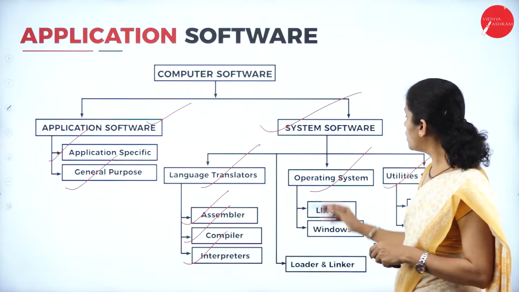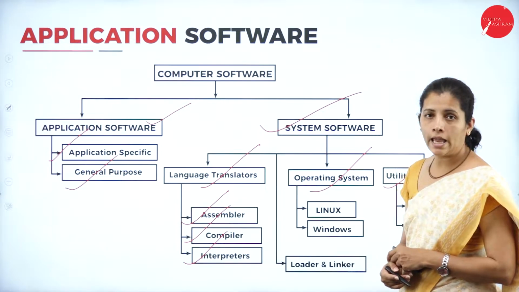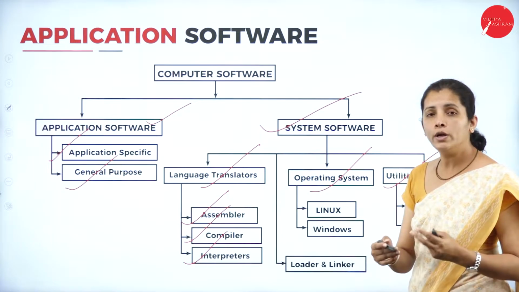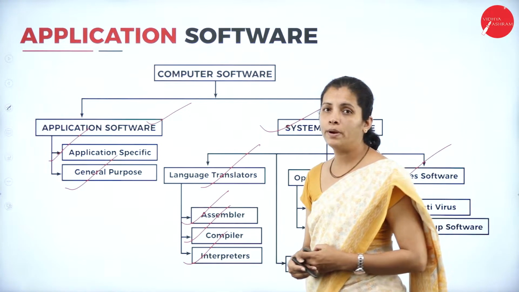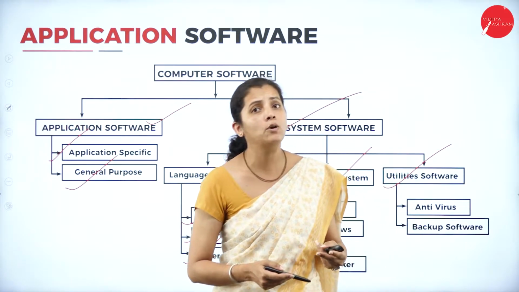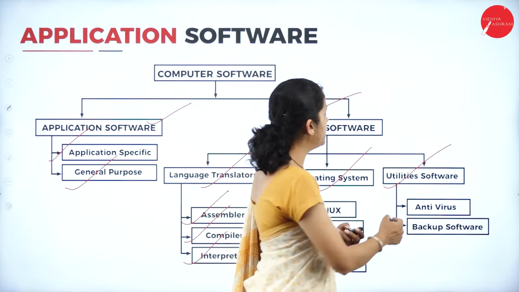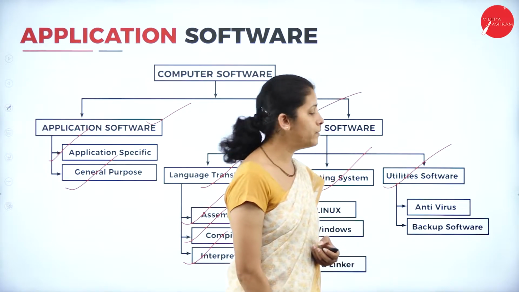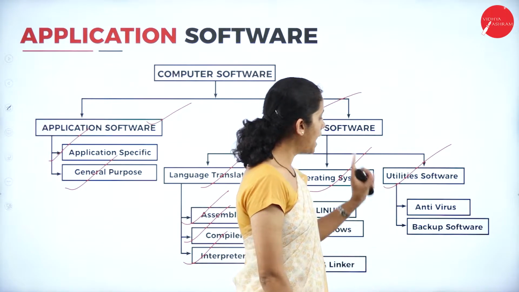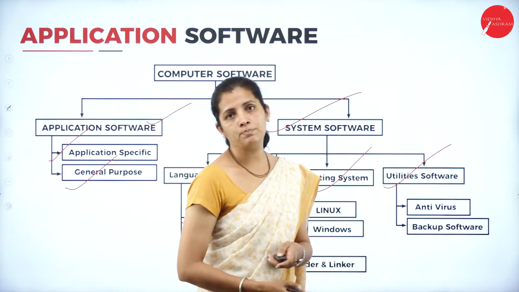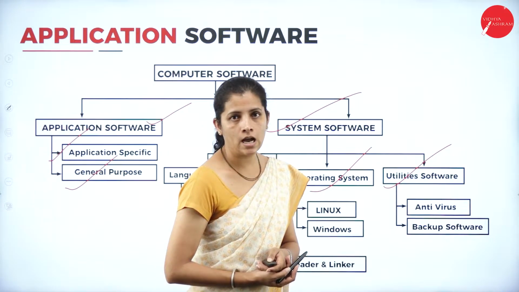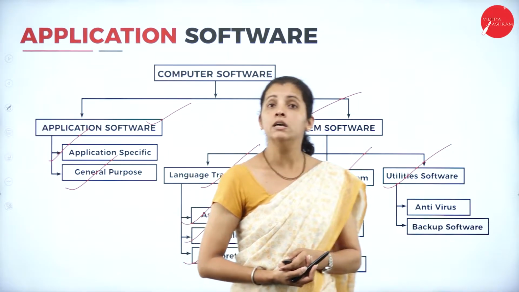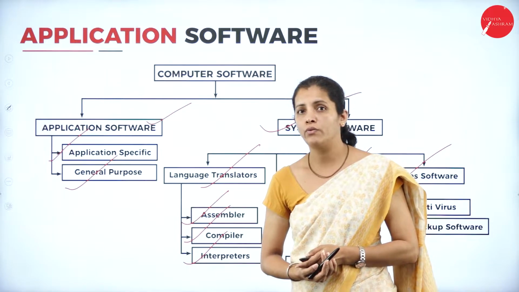If I go with operating system, I can have Windows operating system, Linux operating system, or Unix, Mac OS, etc. And if I go with utility software, I can have antivirus, backup software, etc. So this is all about the types of software.